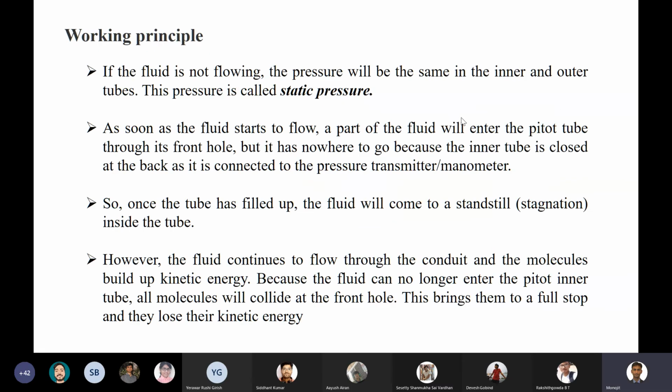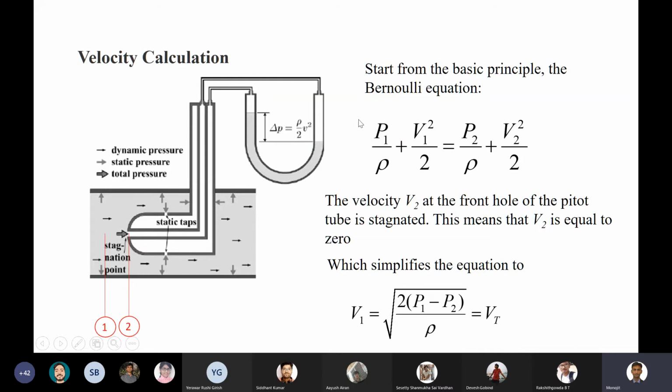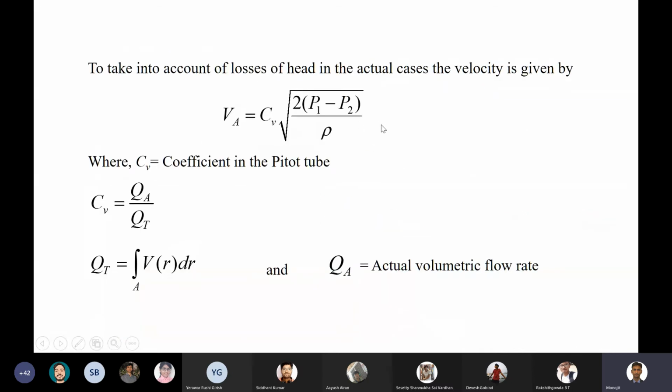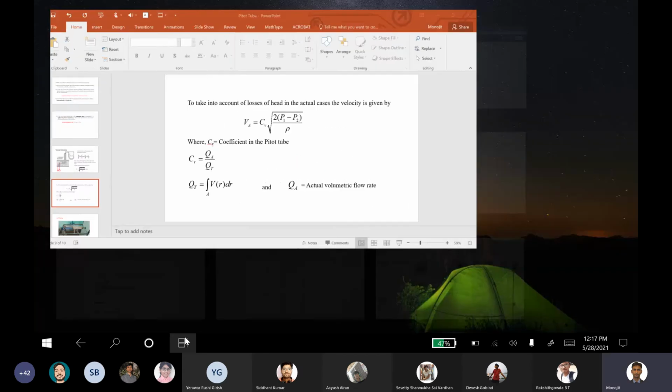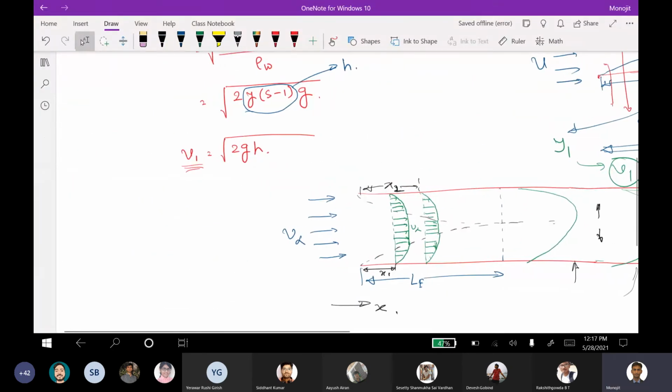Right, so the working principle and everything I have mentioned here, this I have already discussed. I'll share all these things with you. The velocity calculation I also mentioned here. And the next part is what the way we calculated everything will give us: a velocity that we will mark as this velocity.